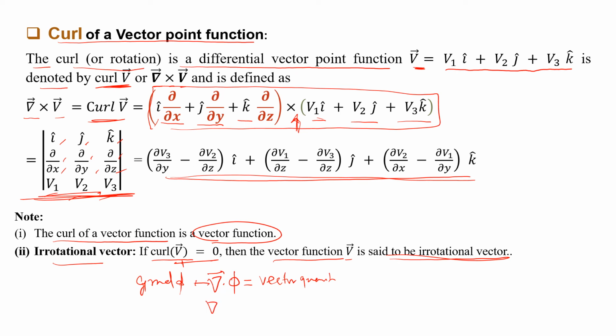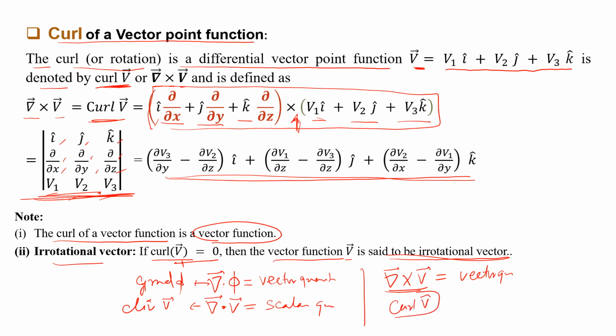When that operator operates on a vector quantity, we get a scalar quantity, and this is called the divergence of v. And when that operator is cross product with the vector quantity, we get a vector quantity, and that is called the curl of the vector v.